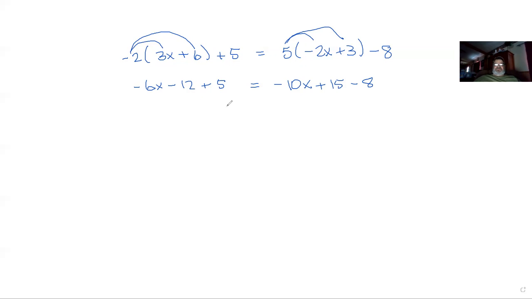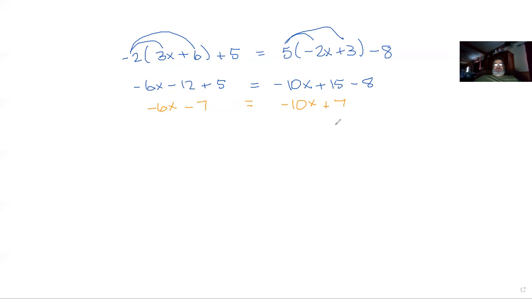So now let's start simplifying. So on each side of the equation, I'm going to combine like terms where I can. So I'll have a -6x, -12 plus 5 is going to be a -7, -7. 15 minus 8 is going to be 7.